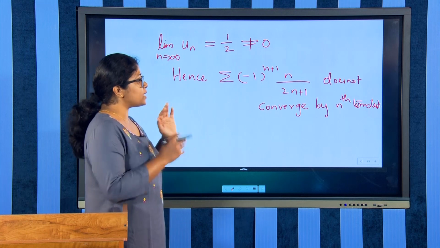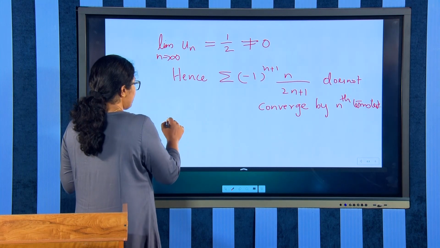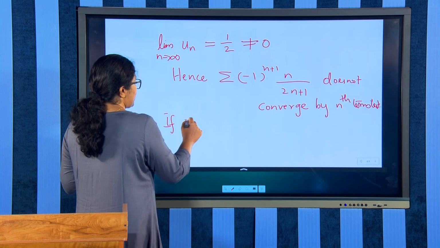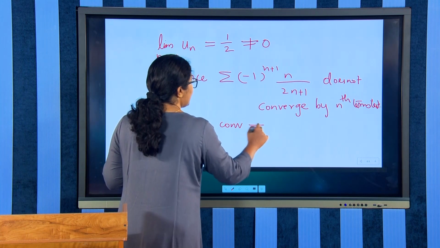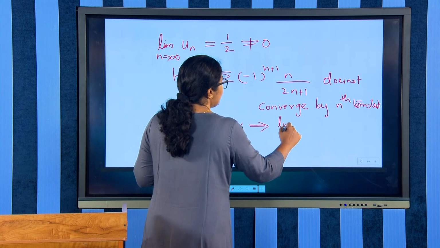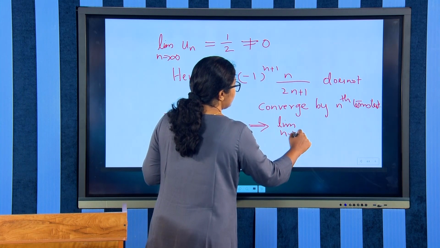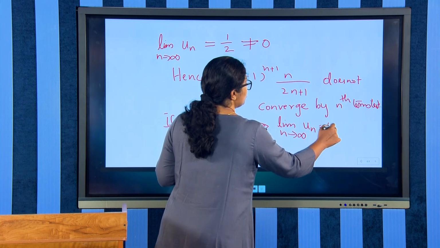What does the nth term test say? If summation un converges, then that implies limit n approaching infinity un is equal to 0.